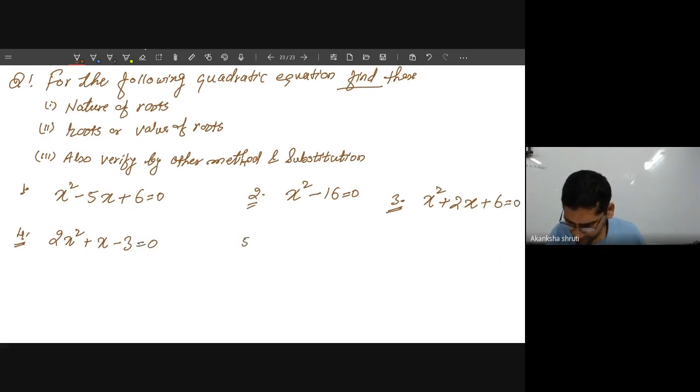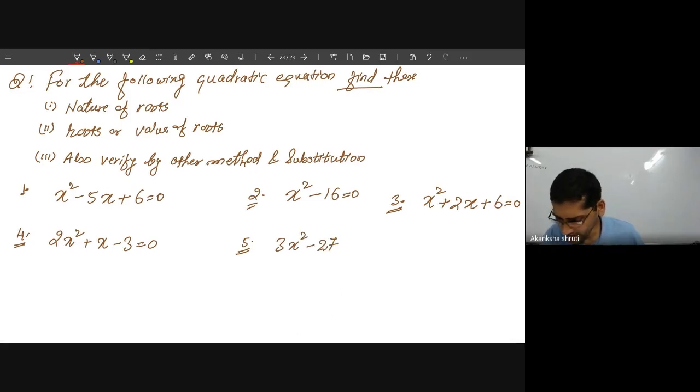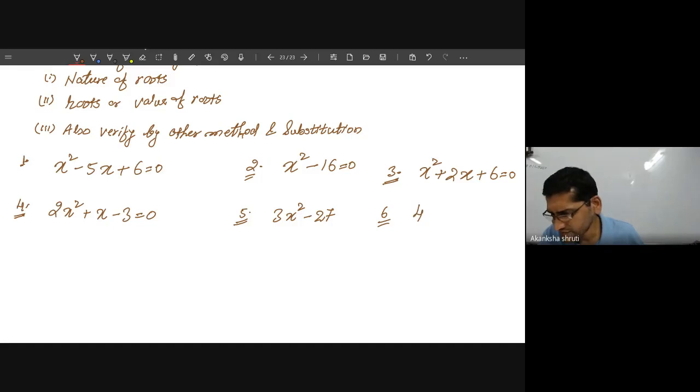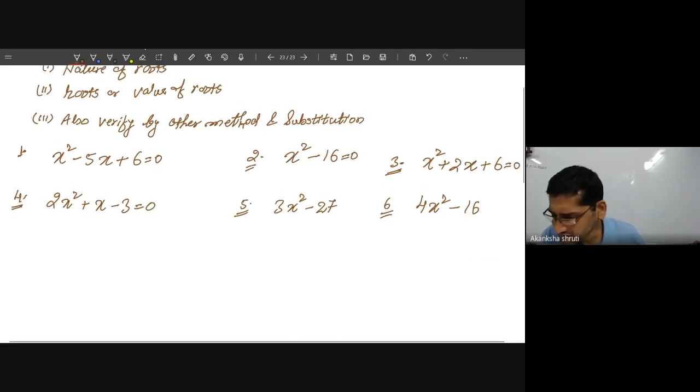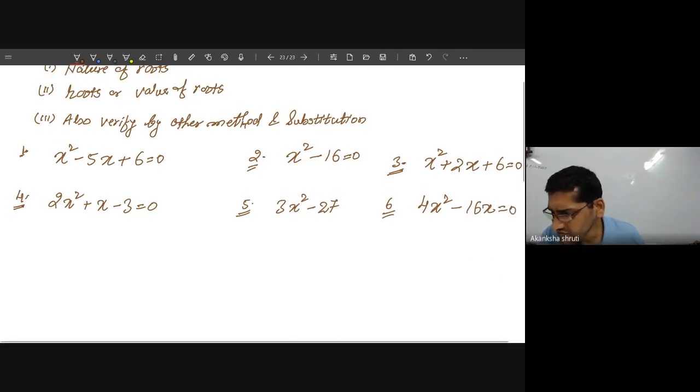The fifth one is 3x square minus 27. The sixth one, 4x square minus 16, or let us write this as 16x equals 0. So these are the equations given.